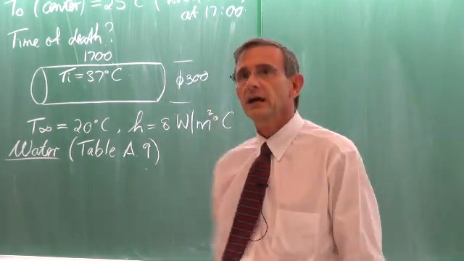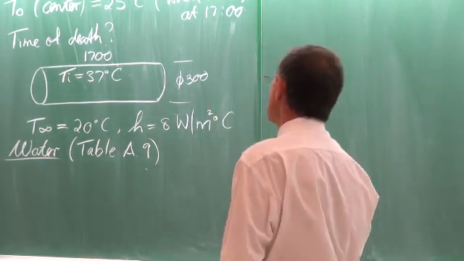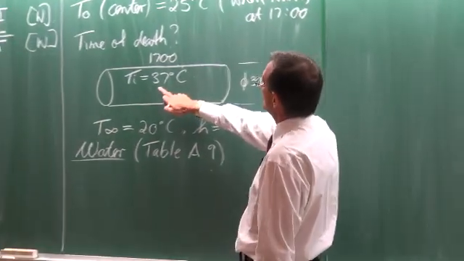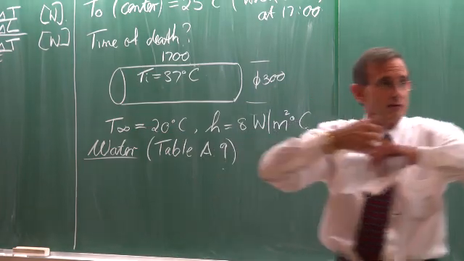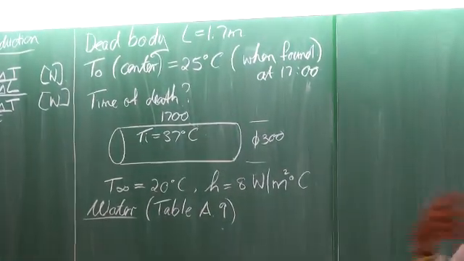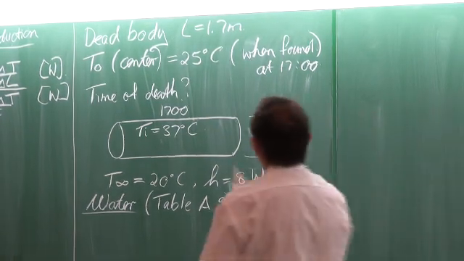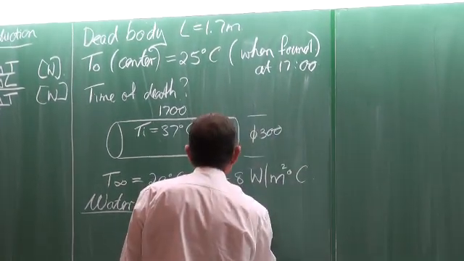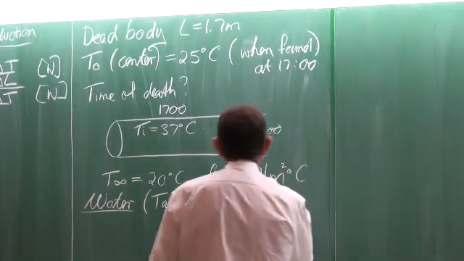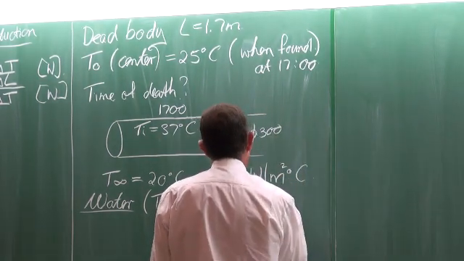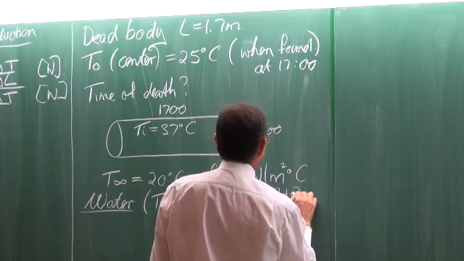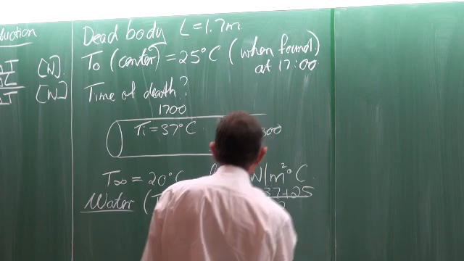So again, we would typically make the assumption and say, well, let's use the average between 37 and 25. The body started at 37, it's going to enter 25. Let's use the average of 25. So, we want the properties at the temperature of 37 plus 25 divided by 2.